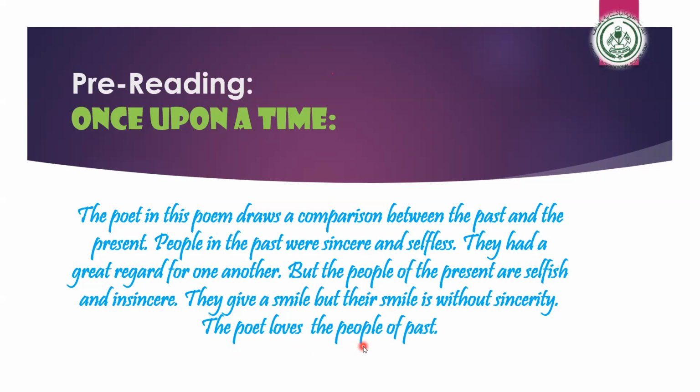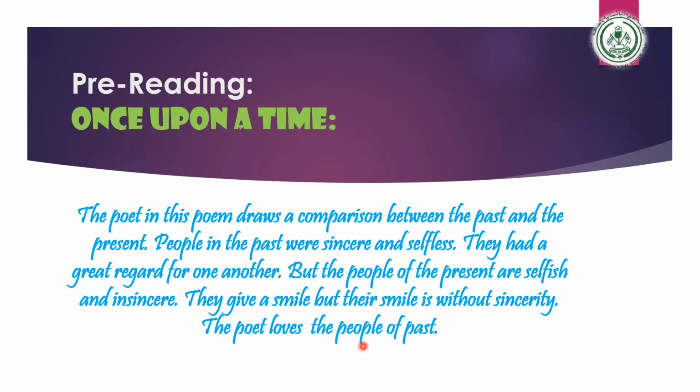This is, dear students, pre-reading. In the pre-reading view, we are able to get the meaning that the past people were very good. They were loyal, sincere, and they had great love for one another. But in comparison, today the people are not sincere. They don't have a great smile. If they have a smile, it is just to open the mouth and show the teeth.